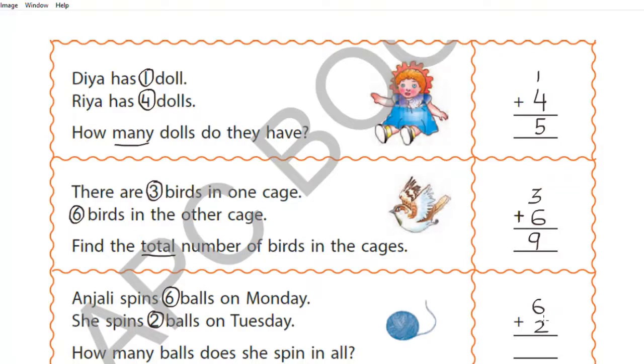Now see for the word that shows you have to do addition. Many. The word many shows you have to do addition. Now 6 plus 2. How much is it? 6, 7, 8. So your answer is 8. How many balls does she spin? 8 balls she spins in all.